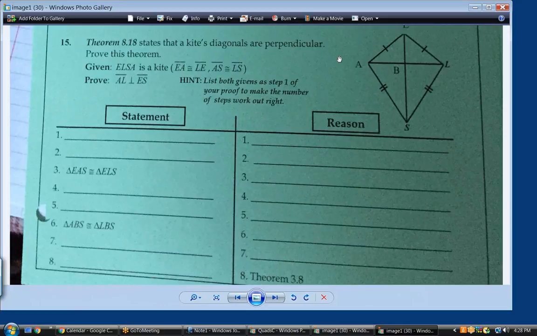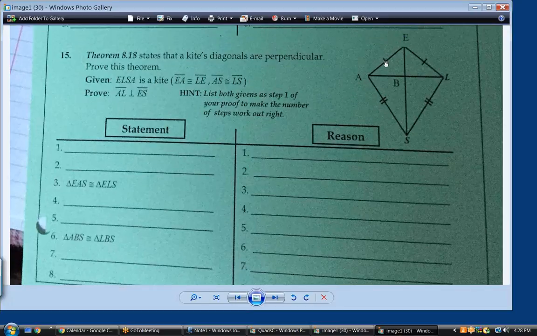There's not much to know about a kite. Once you know something is a kite, you know that side's equal to that side, and this side's equal to that side. But most importantly, you know that the two diagonals form a right angle. They're perpendicular to one another, and one diagonal bisects the other one, but not vice versa. You can see that this diagonal is bisected, but this one is not.